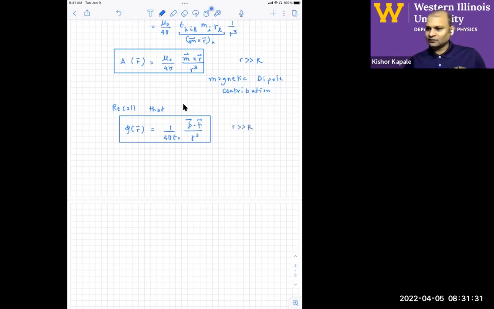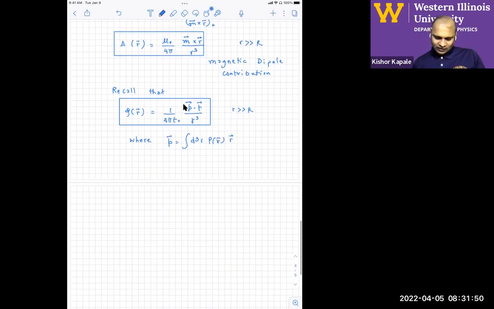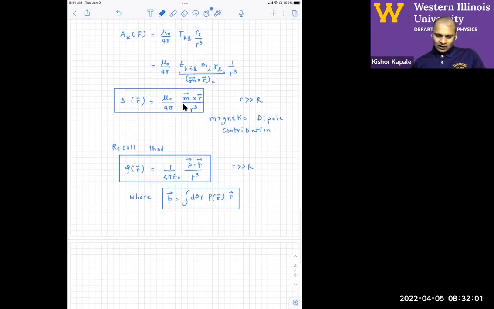Let's also recollect what the electric dipole moment looks like. So electric dipole moment is the integral of d cube R rho of R multiplied by R. So it is a vector quantity, but it's a very simple integral. It's rho multiplied by R, and you of course have 3 components, so you can do component-wise integration.